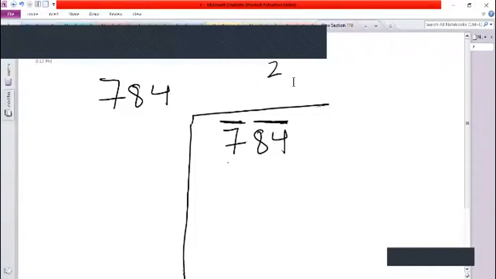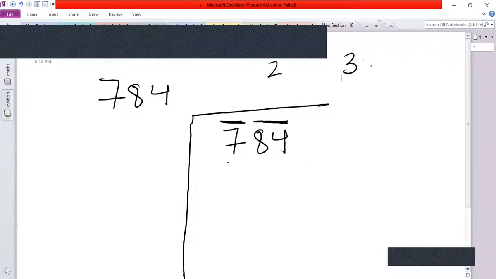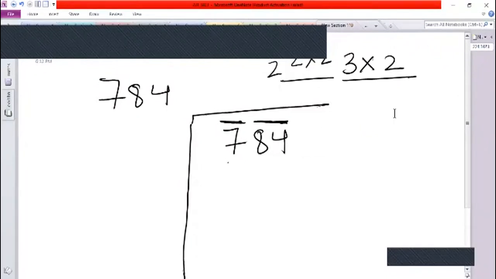By which number should I multiply, which gives me 6? Ma'am, 3 and 2. But 3 and 2 are different digits. I need the digits to be the same. In the long division, the digits need to be the same. So 3 into 2 is not valid. What I can do is 2 multiplied by 2, that gives you 4.